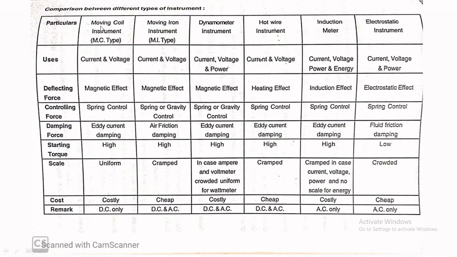Cost. Moving coil is very costly for manufacturing, and moving iron should be cheap. Dynamometer wattmeter, it should be costly. Hot wire, it should be cheap. Induction meter, it should be costly, and electrostatic, it should be cheap. The remarks: the moving coil instrument works only on DC, it does not work on AC.